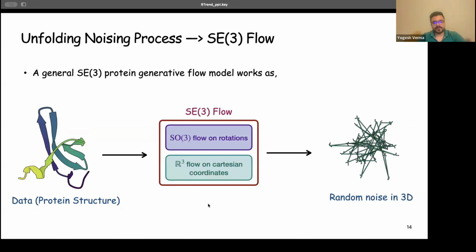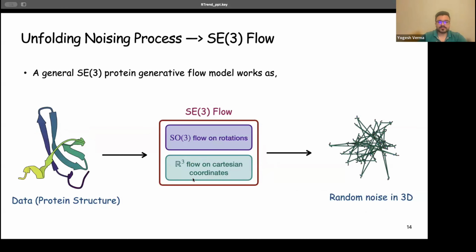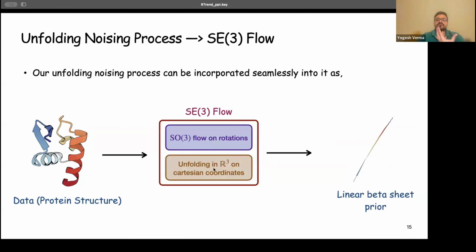We replace the R3 flow on Cartesian coordinates with our unfolding flow, because we are only concerned with the translation. We can still have the rotations be pretty random because they don't tell that much. When you are moving towards a linear chain, we are only concerned with the R3 position of the C alpha, where it will be going.